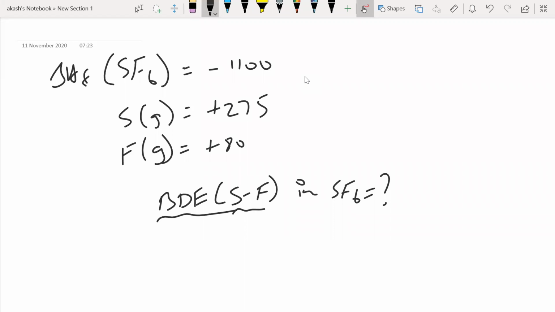The overall enthalpy of the reaction I can write in terms of enthalpies of formation. That's how you're going to get the answer. All these are delta HF values for SF6, for the sulfur atom, for the fluorine atom.